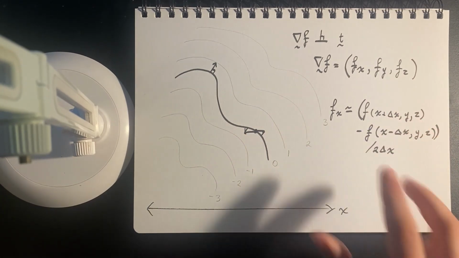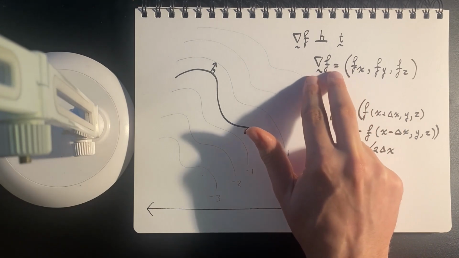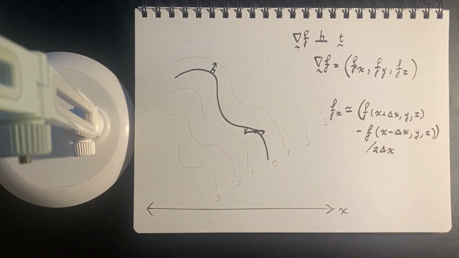But all that will do is basically scale down the vector, and when we throw this into the code, we'll actually be normalizing it anyway, which will remove that scaling factor. Anyway, so I'll leave that.